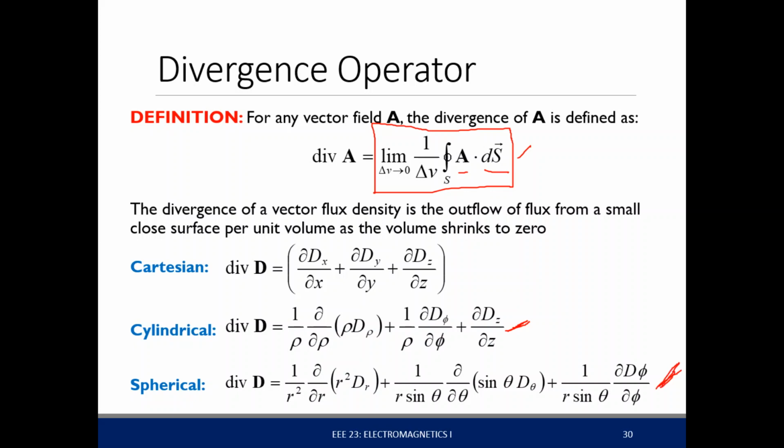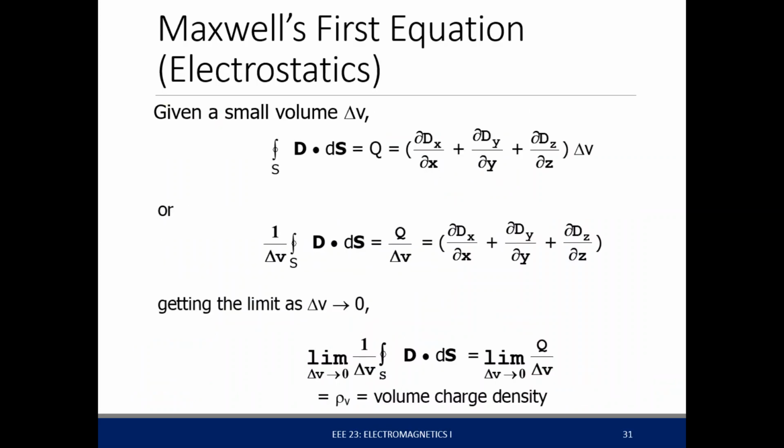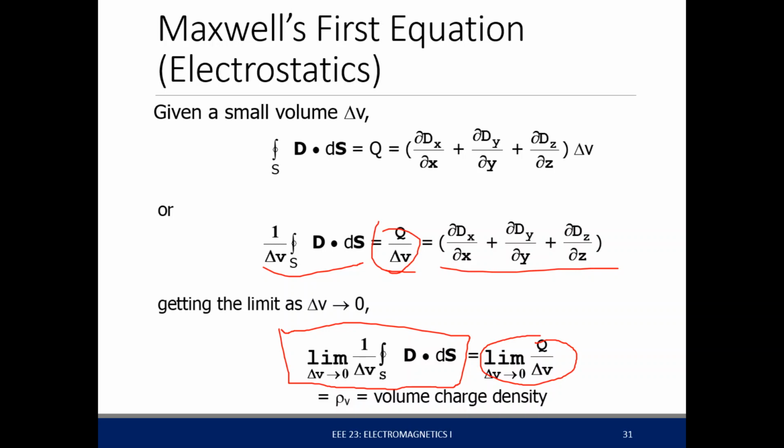Okay, so now if we look at it in terms of electric flux density, given a small volume delta V again, if we divide both sides by delta V, we get this, and this is equal to the divergence of your electric flux density D. Taking the limit as delta V approaches 0, again, this expression right here. That means we let delta V approach 0. This expression becomes a very small point, and it has some charge at that very small point.